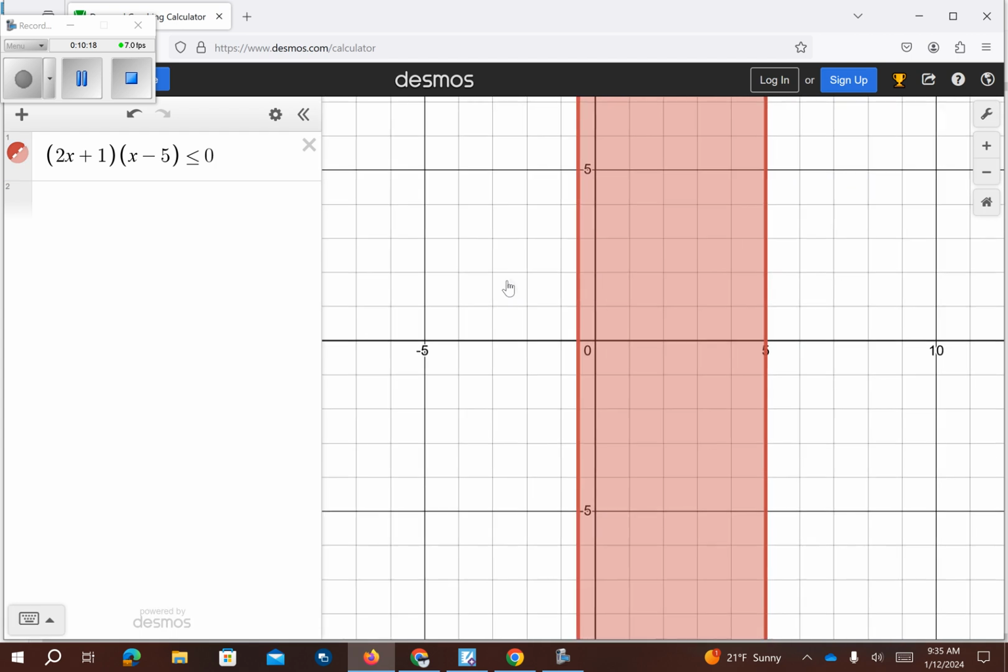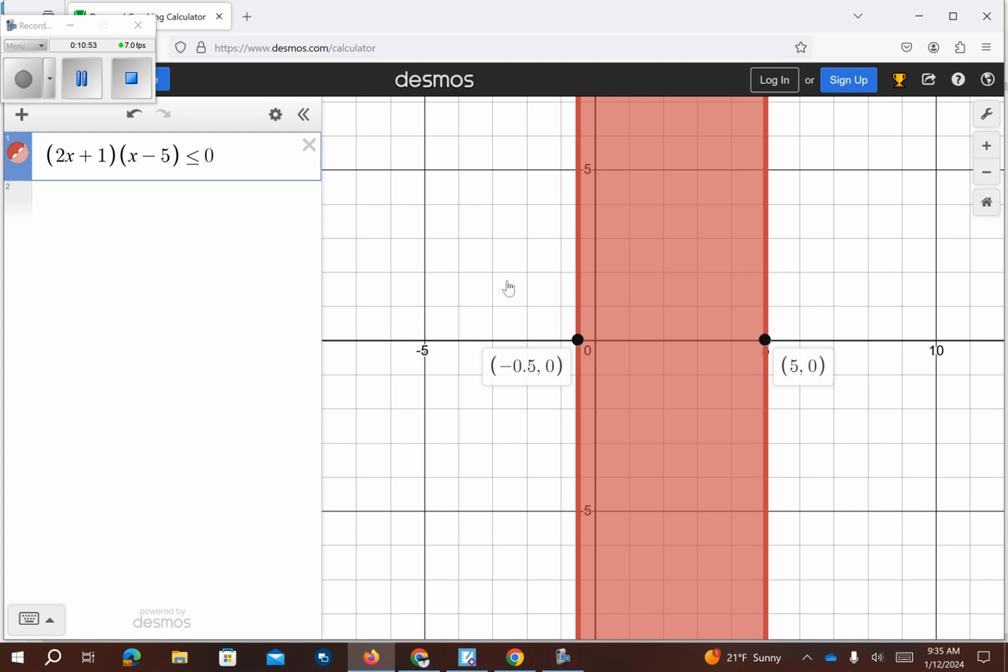Okay, so for this particular problem, if I look at each of those x component values, I have negative 0.5 and I have 5. If I plot any number into those x values between negative 0.5 and 5, this would mean this creates our positive region, meaning it would be above the x-axis for an answer.